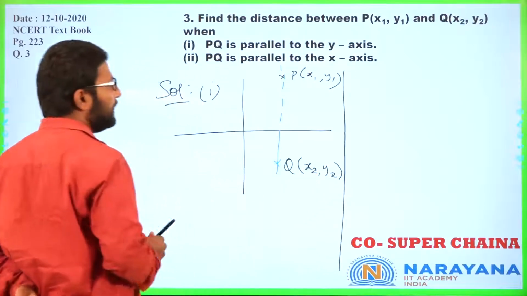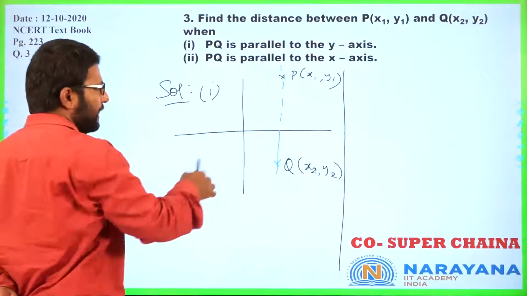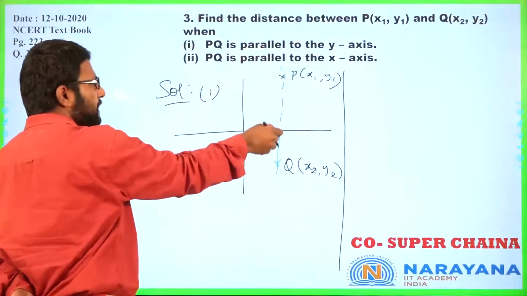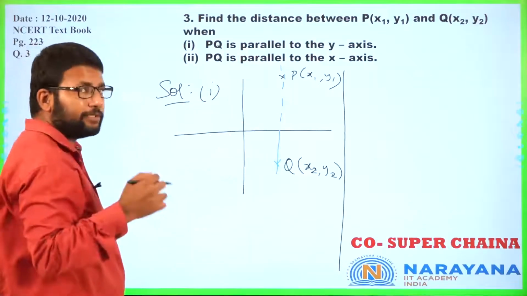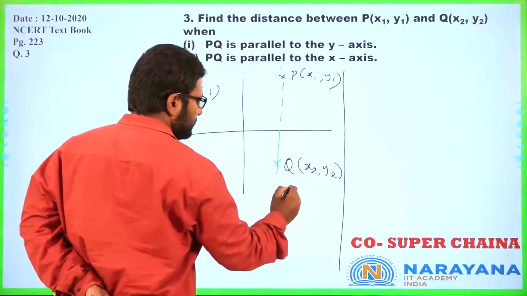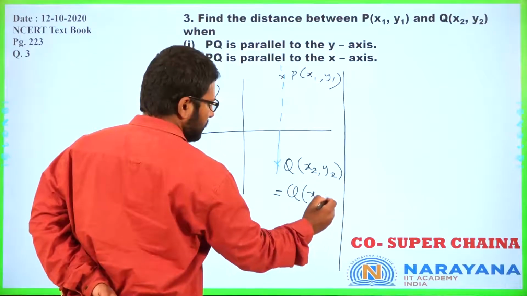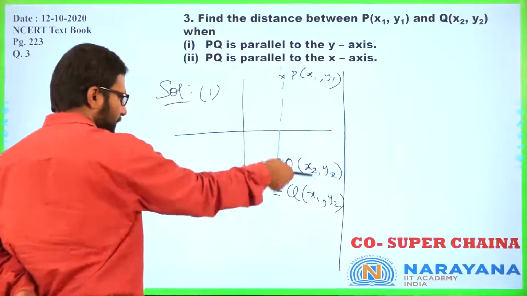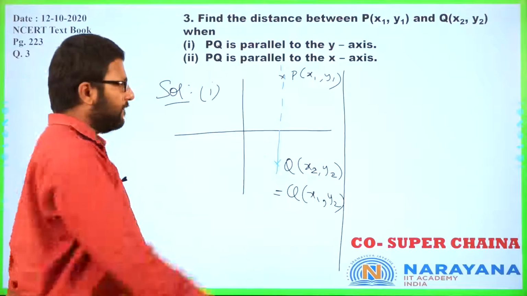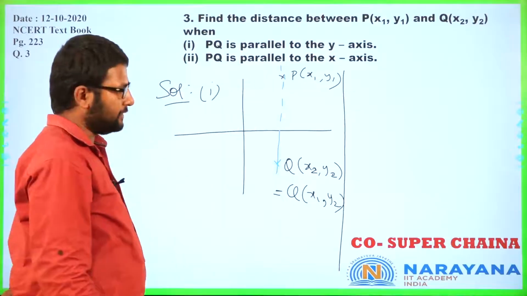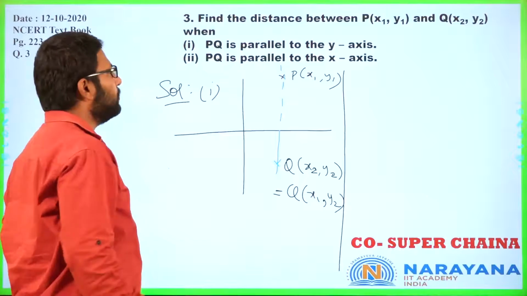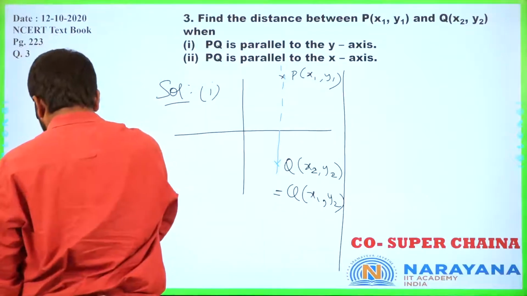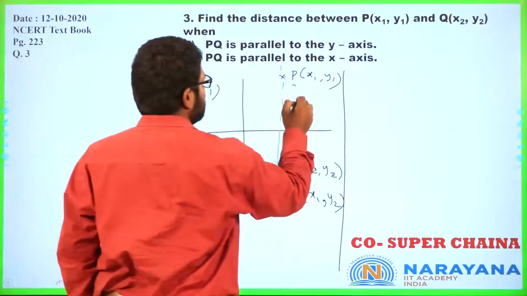You have to realize that because PQ is parallel to y axis, all the points on this line will have the same x coordinate. So Q is actually x1 comma y2, that is, x1 and x2 are the same when PQ is parallel to y axis. And so we need to find this distance.